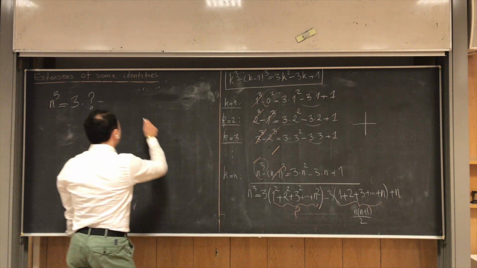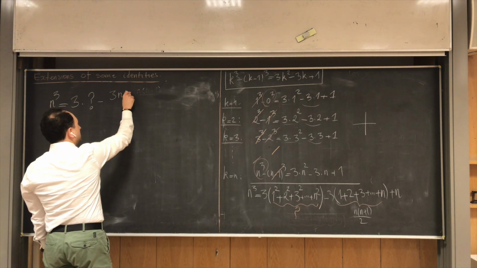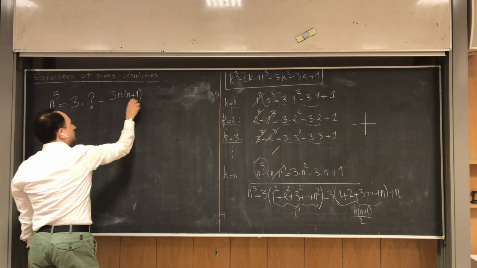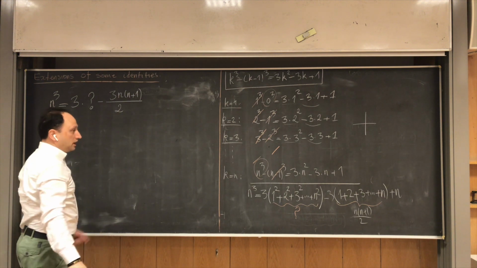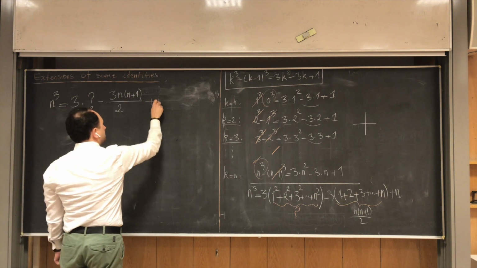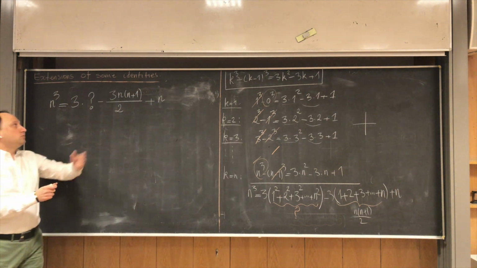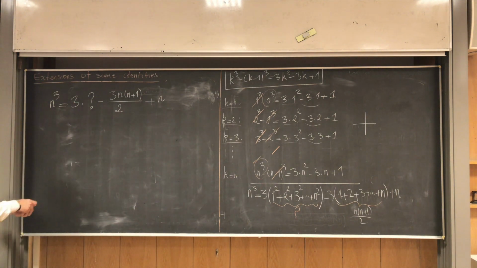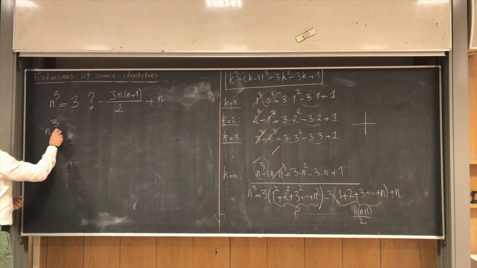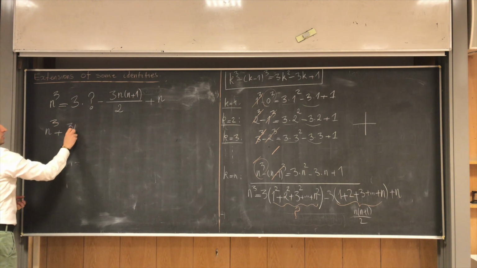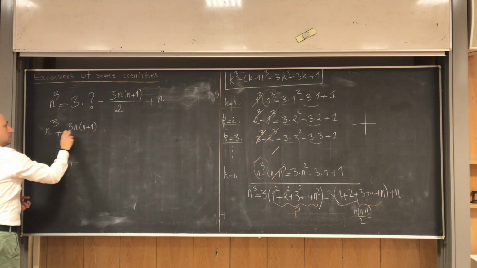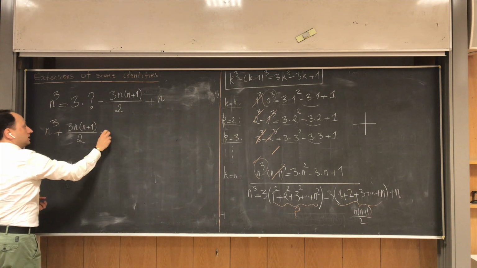So this becomes 3n, n plus 1 divided by 2. And I have an extra n at the end. My goal is to find the question mark, so I move these two terms to the left-hand side. So it becomes n to the 3 plus, it becomes positive, and then I move n to the left.